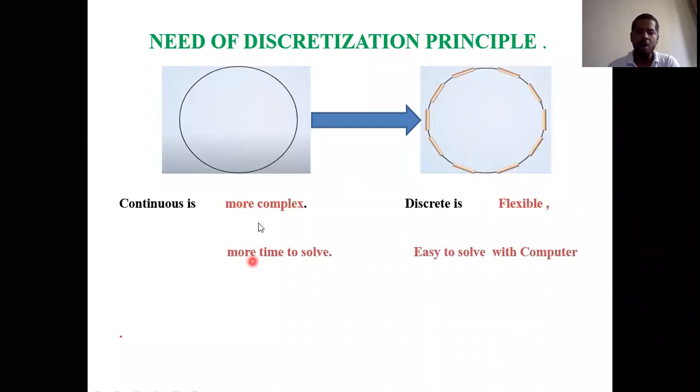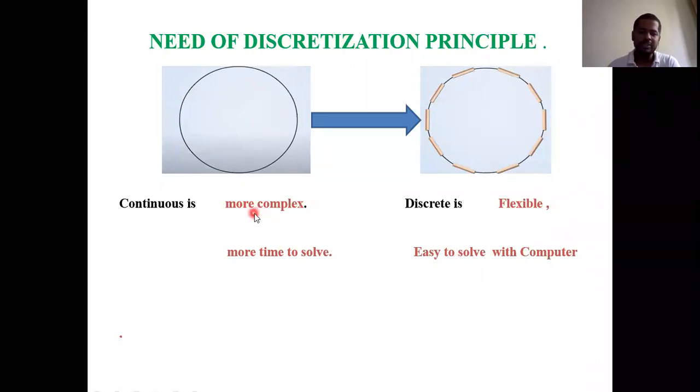Similarly, if you want to solve the continuous problem, it takes a lot of time. But if you want to solve a discretization problem, it takes very little time, because nowadays all the devices are based upon the discretization principle, means digital logic only. So we can easily solve these problems by using a computer. It takes very little time and it is flexible.